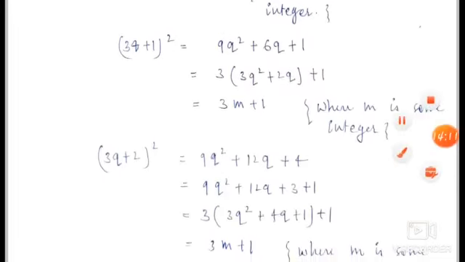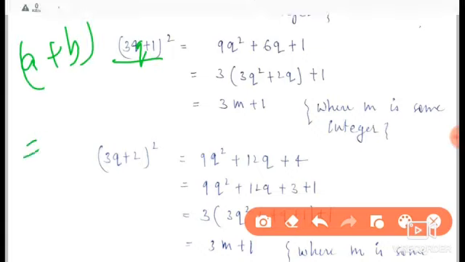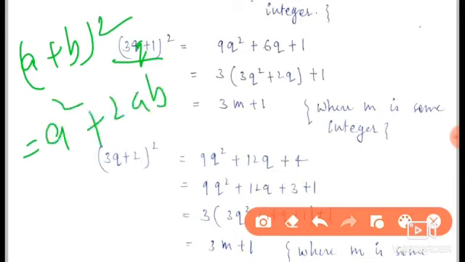Now again we need to square 3q plus 1. This is 3q, don't be confused. 3q plus 1 whole square. Then use here the identity you know: a plus b whole square is a square plus 2ab plus b square. Use this identity.